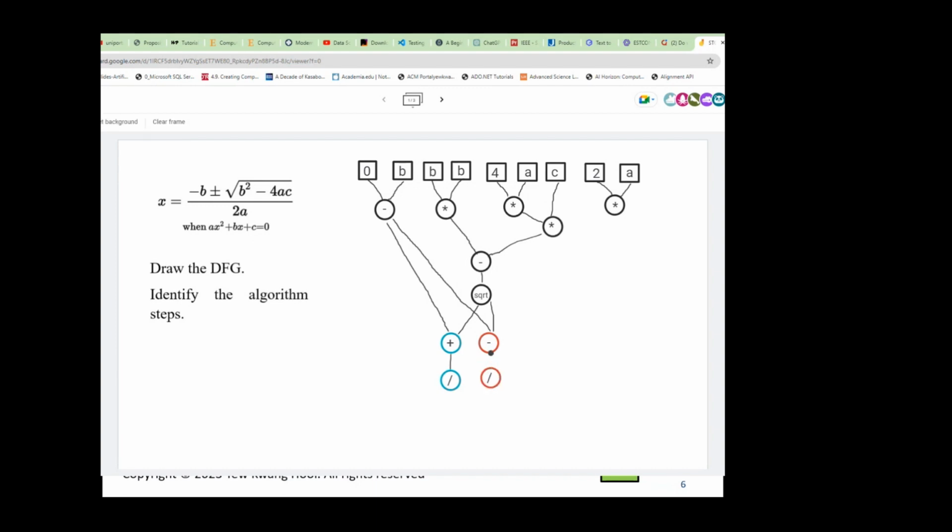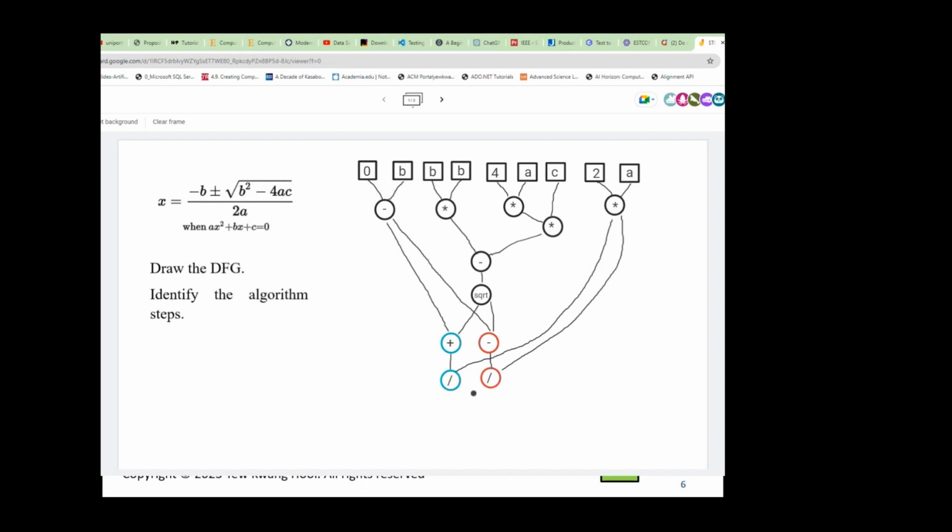All the result of minus will be divided over the result of 2A, right? I'll perform the divide operation of the plus result against 2A. And the other parallel operation is after I minus it.